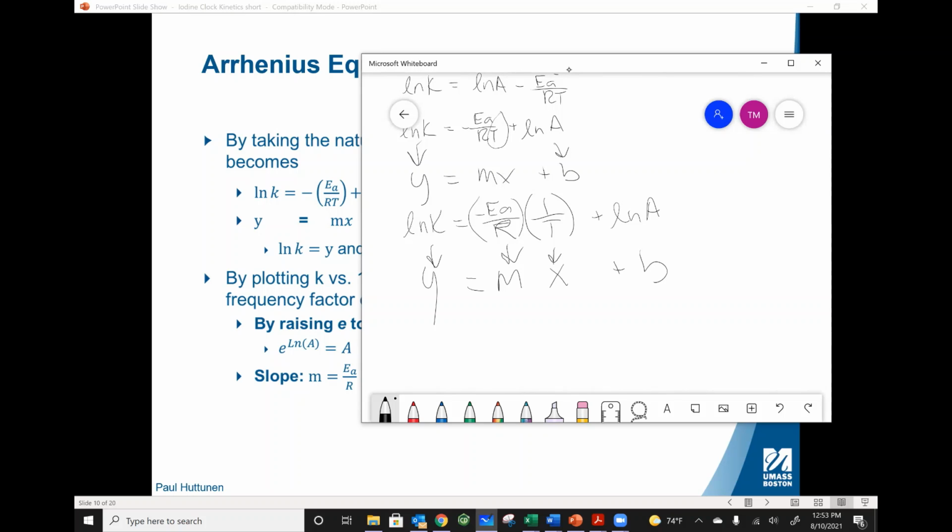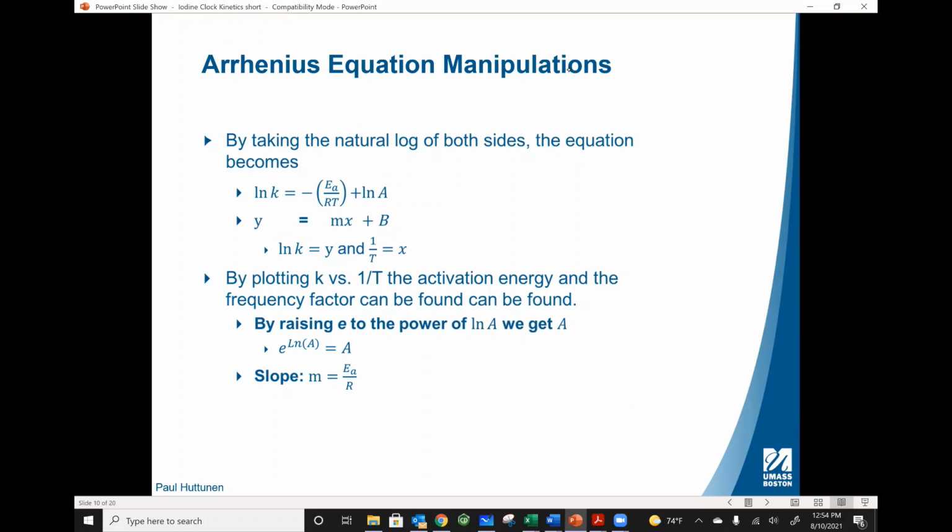So when we graph our temperature dependent trials that have the same concentration, we will display the equation of the line that we have graphed based on our data, and the slope of our line is going to be negative EA over the gas constant, and our variable x will be 1 over T. And so that's how we will do that later.